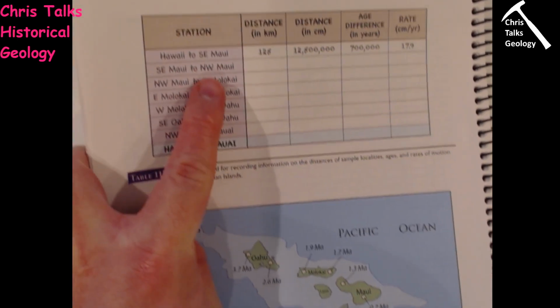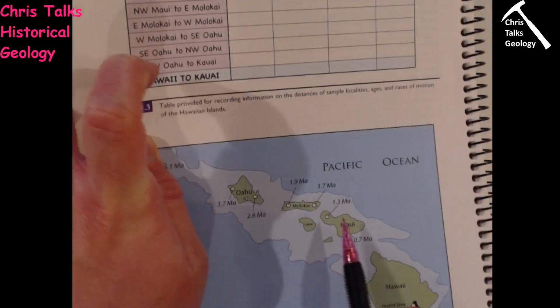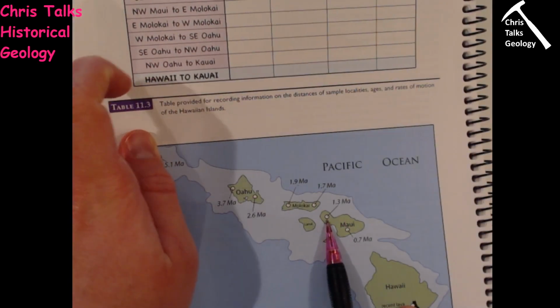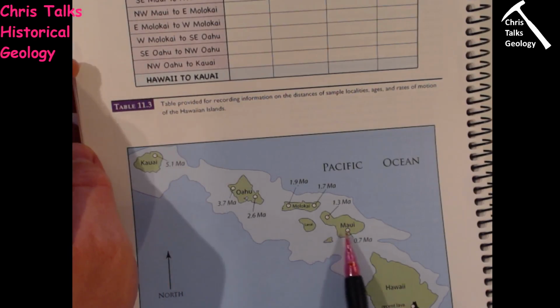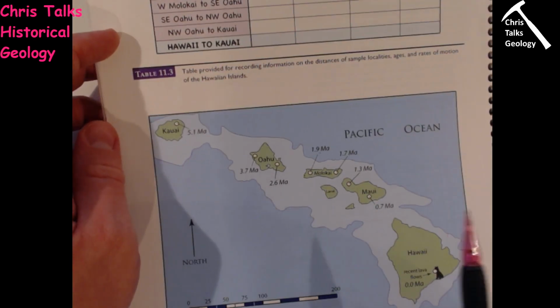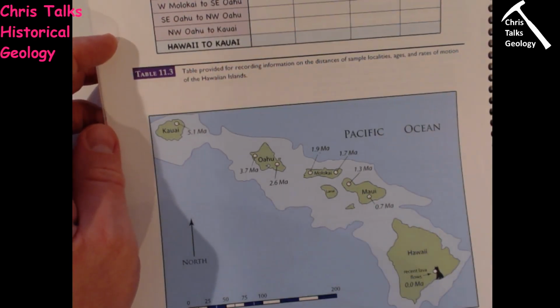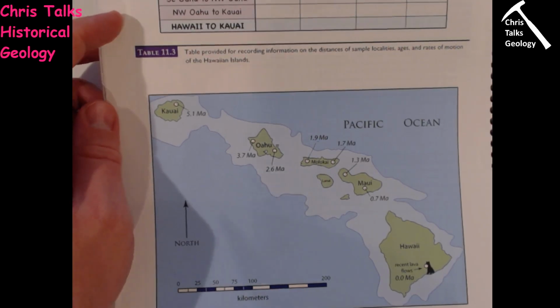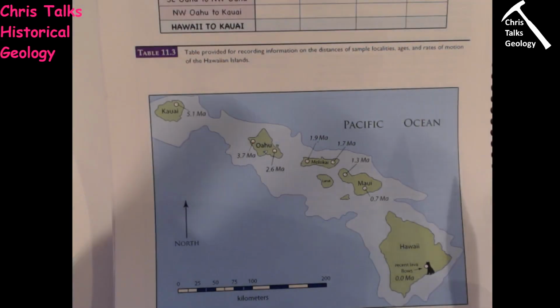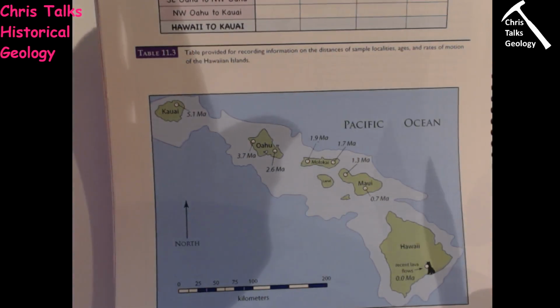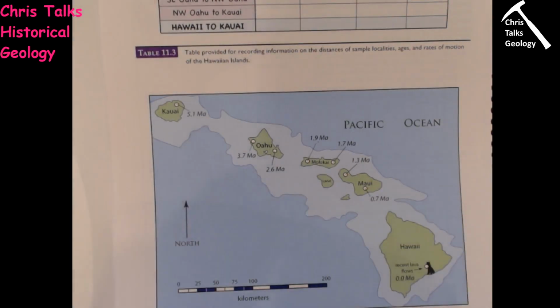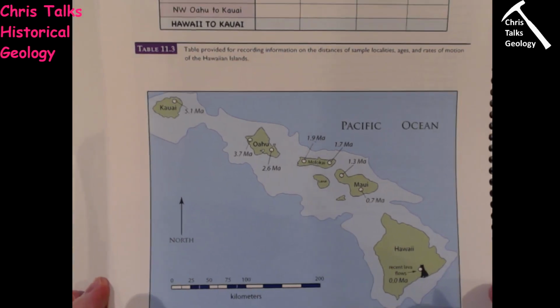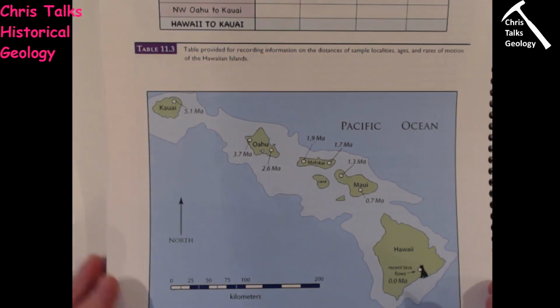And the next location is northwest, so it's clearly going to be this location here. We're going to measure the distance between these 2 points in millimeters, and we're going to use the scale bar down here to convert that into a distance in kilometers. Now, once again, don't go over the top here. Just try and keep the numbers relatively easy. Don't go mad.